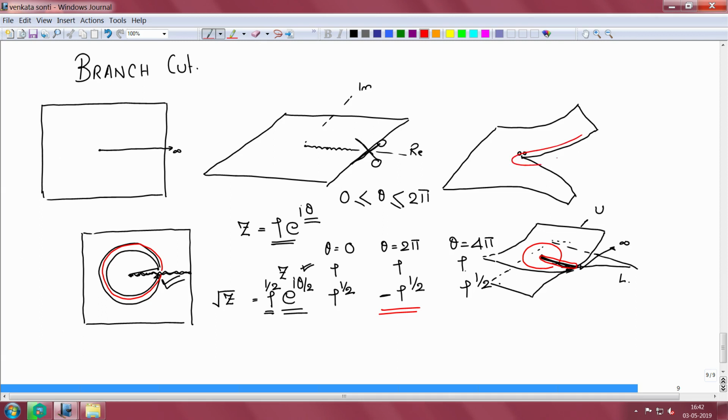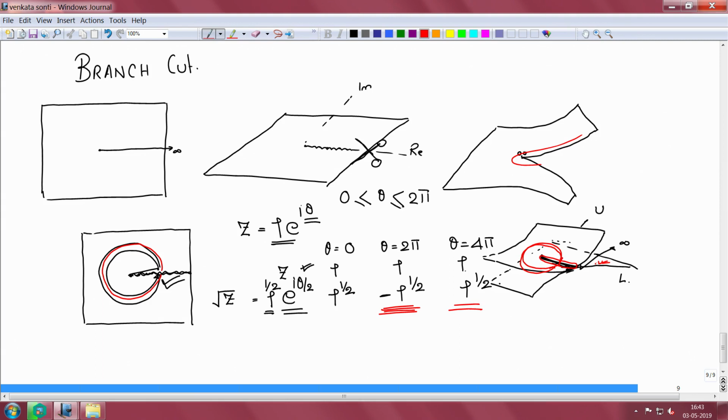Now, through the hole, when I reach minus rho to the power half, I enter the lower plane, and then I go around. Now, theta comes back to 4 pi.